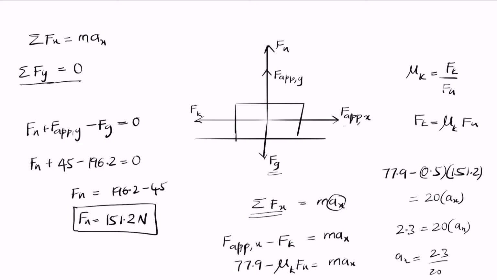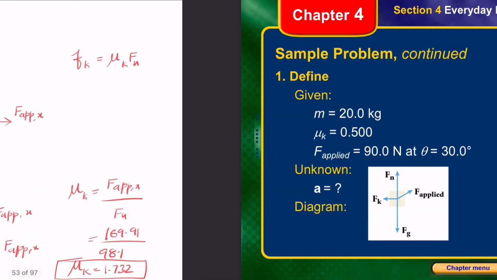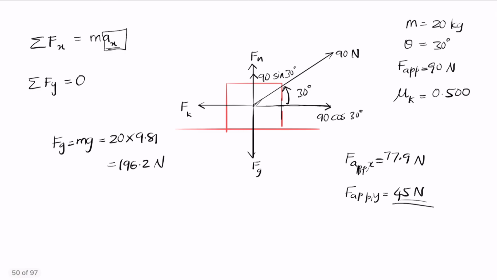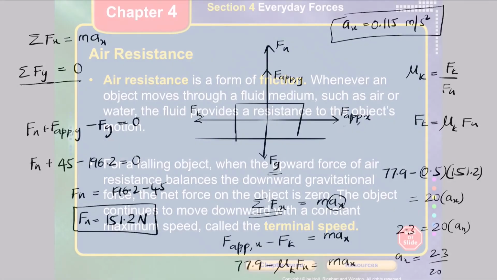So you have 2.3 divided by 20. So the acceleration ax becomes 0.115 meter per second square, or 0.12 depending on the value. So we can write it down as 0.12 meter per second square. That value becomes your final acceleration of the object. So this is how you solve a problem involving friction.